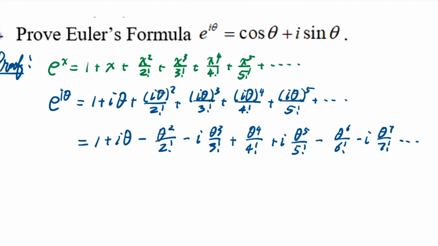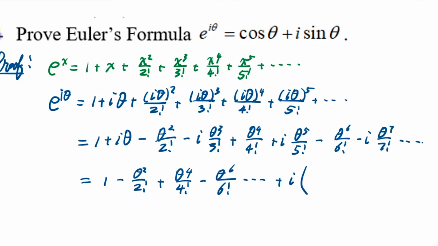Okay. Wow. So we have real and we have imaginary terms, right? Shall we put them into real and imaginary separately? So real part: 1 minus theta squared over 2 factorial plus theta to the 4th over 4 factorial minus theta to the 6th over 6 factorial, dot, dot, dot, plus i times a common factor.